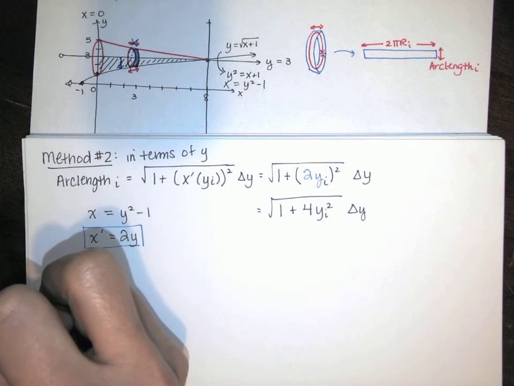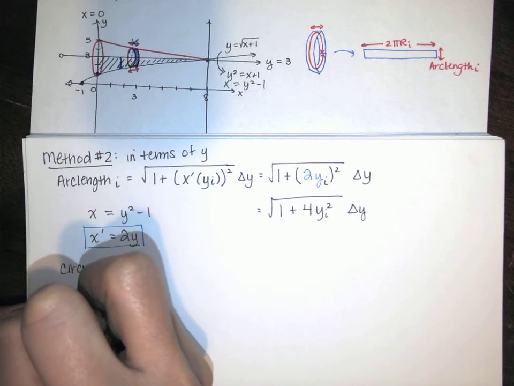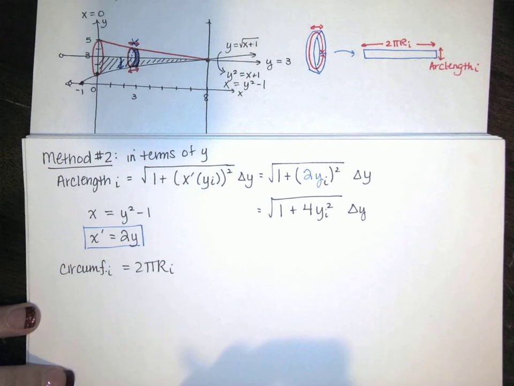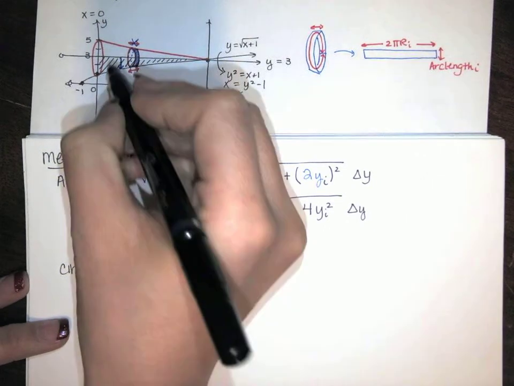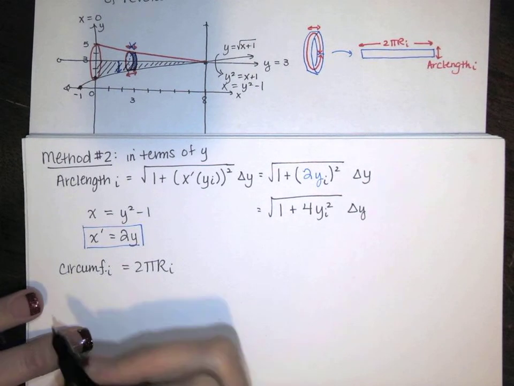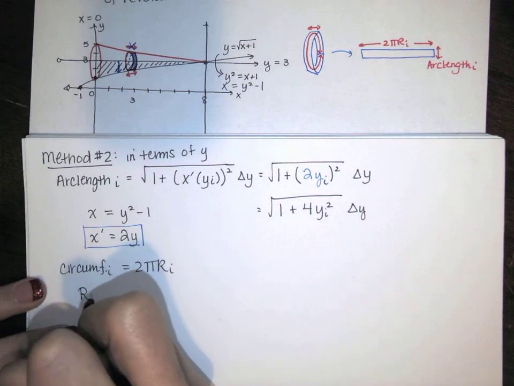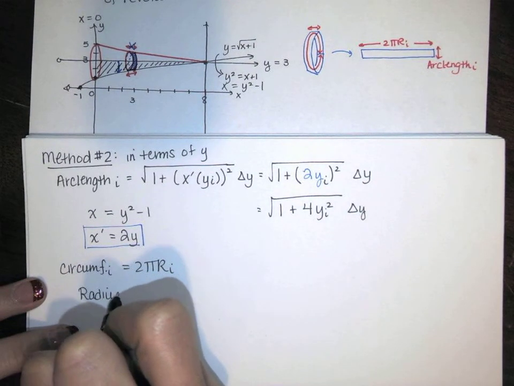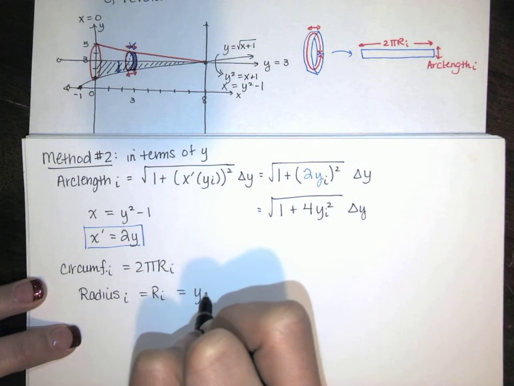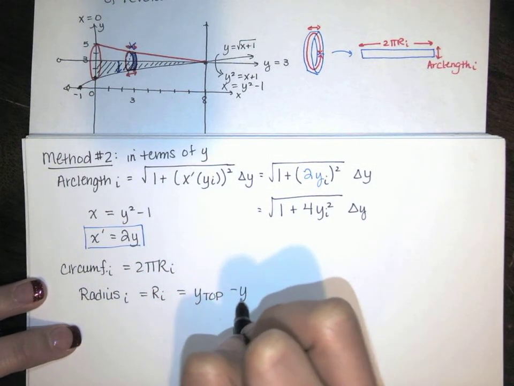Okay, so let's look at the circumference. That's 2 pi times the radius, and the radius is here. It is still a vertical distance. So it's still the top y value minus the bottom y value.